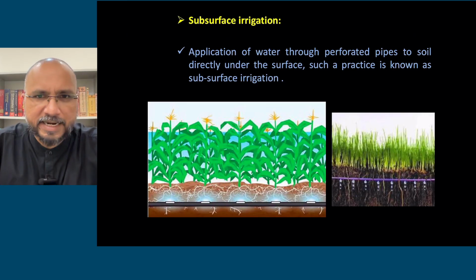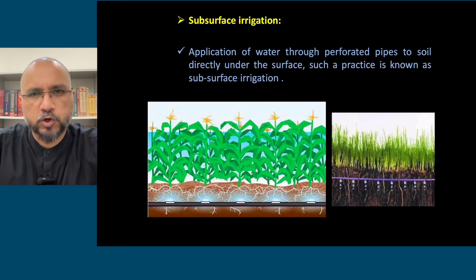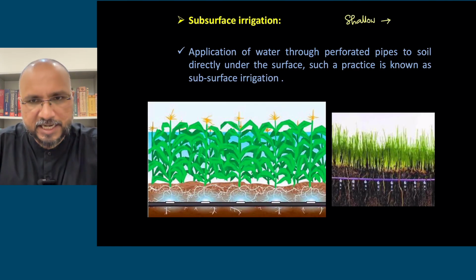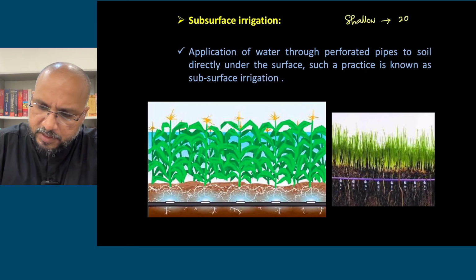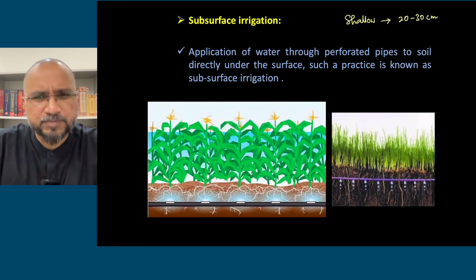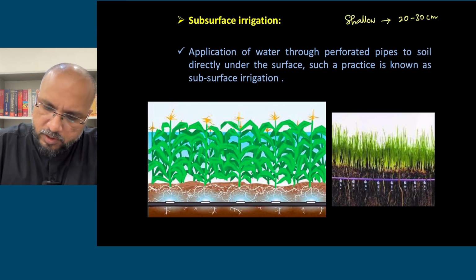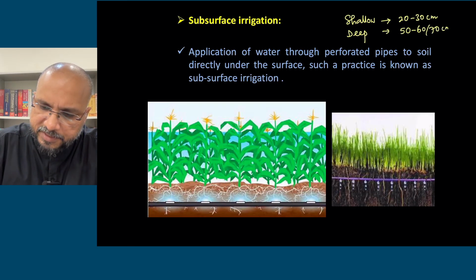They can be laid at different depths depending upon the crop. They can be placed at a shallow depth, from 20 to 30 centimeters for short term crops or vegetables, and for long term crops they can be placed deeper, up to 50 to 60 or even 70 centimeters.